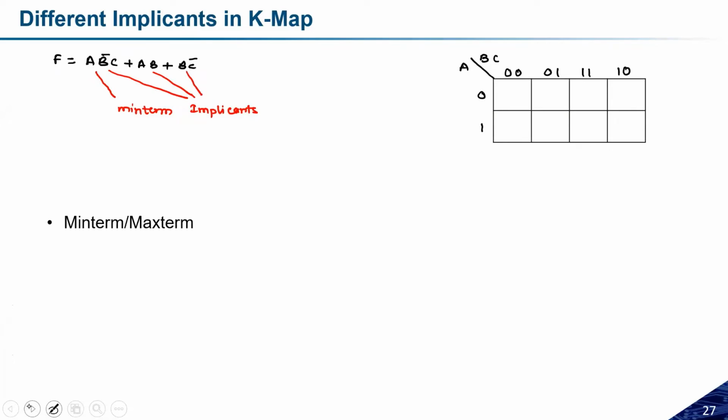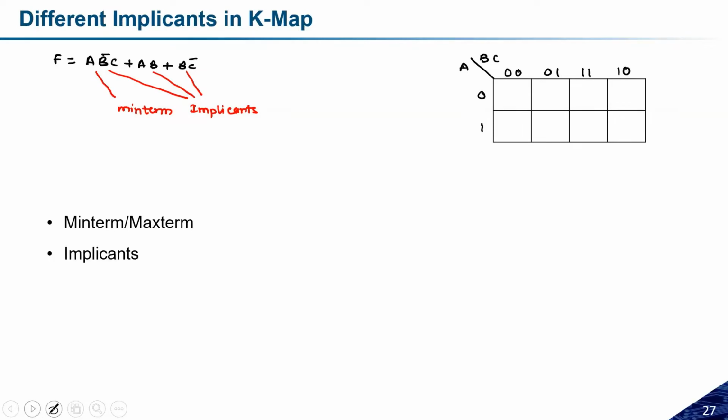Min term and max term means that if all the variables are present in that term, then we can call them the min term or the max term. In this example, the first term we can call the min term.